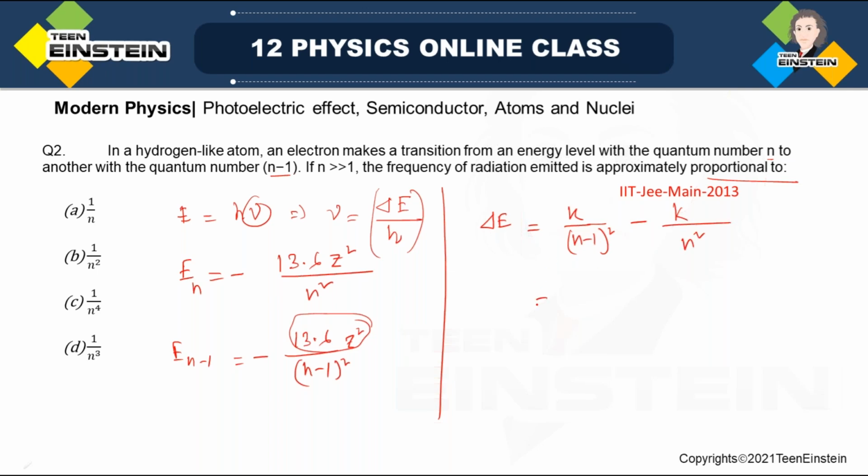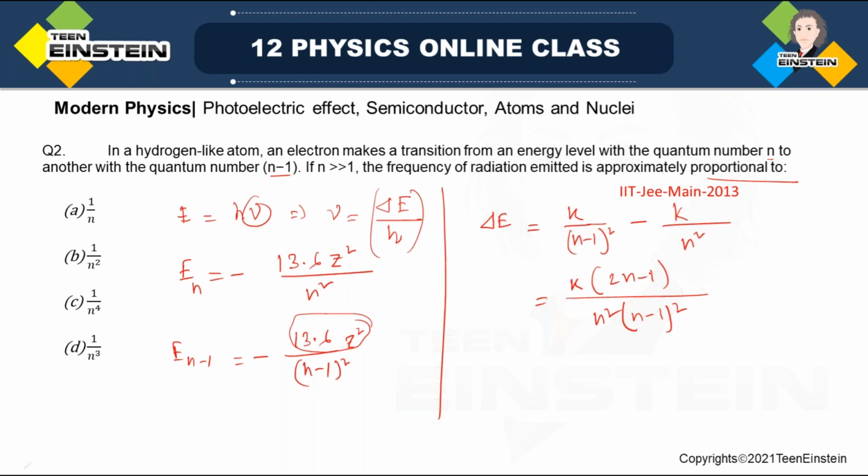If this is the case, then look what we get. We'll get K into (2n minus 1) divided by n square (n minus 1) whole square.